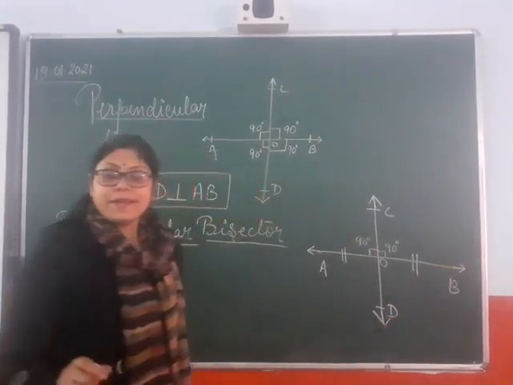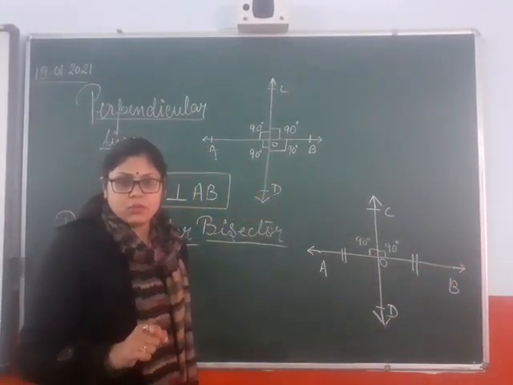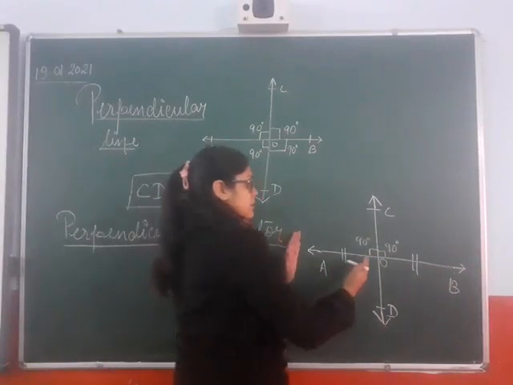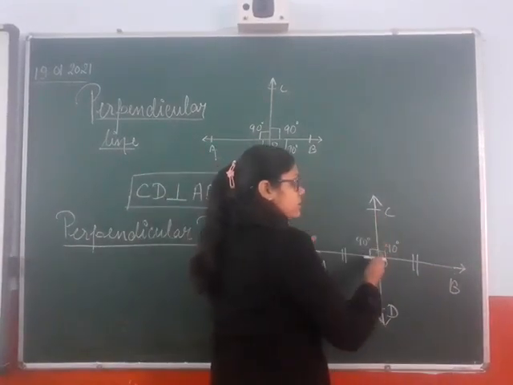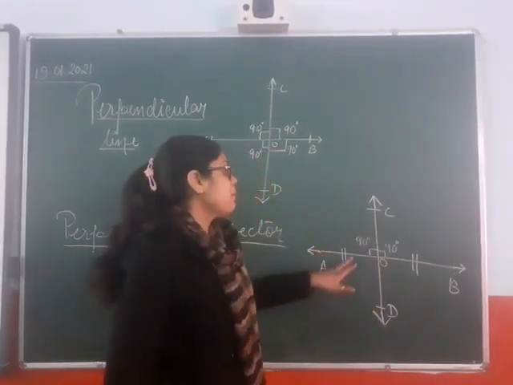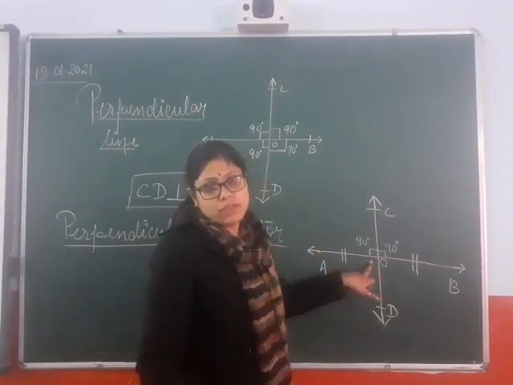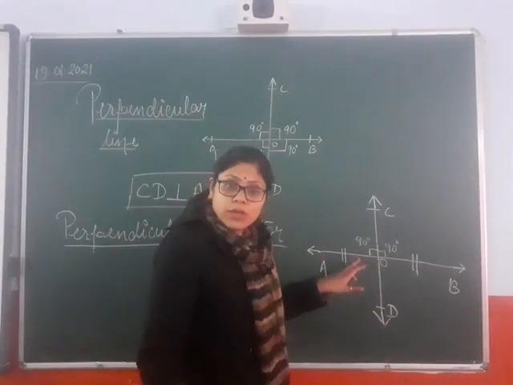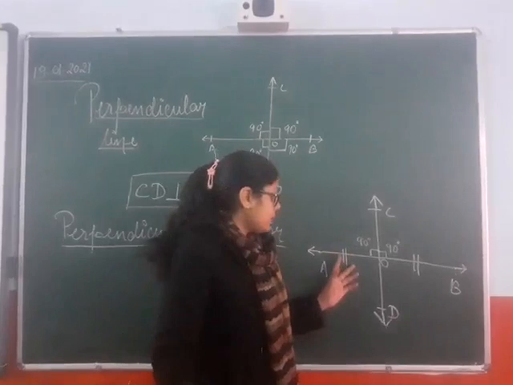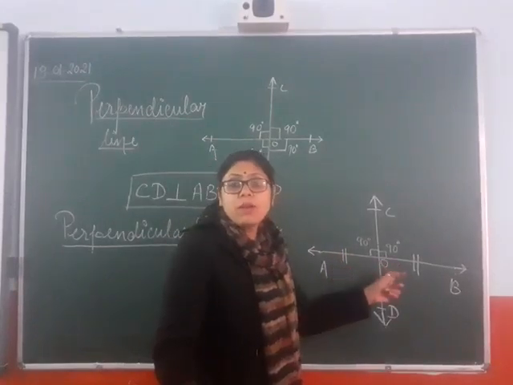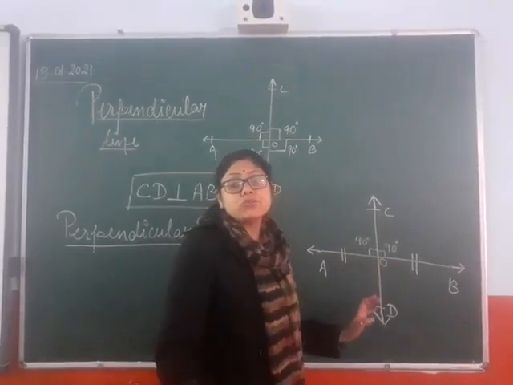Means perpendicular bisector means when this line is going from the midpoint of the first line. Okay, midpoint, that means it will divide the line into two equal parts.